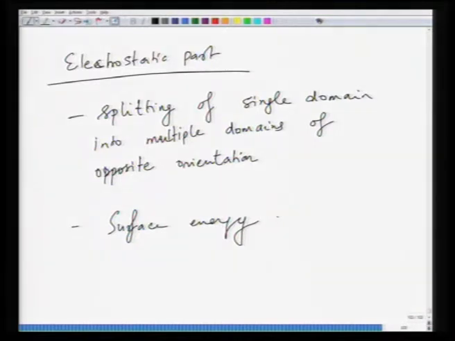Now, we are going to do an analytical treatment to find out the optimum domain size when such forces are present. As we know, ferroelectric domains form because of the instability of dipoles aligned in one direction. Since a monodomain is not a stable state, you have a multiple domain state.